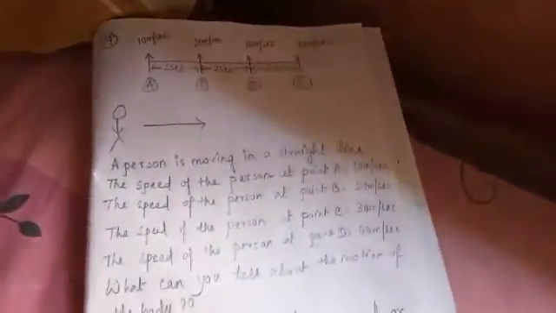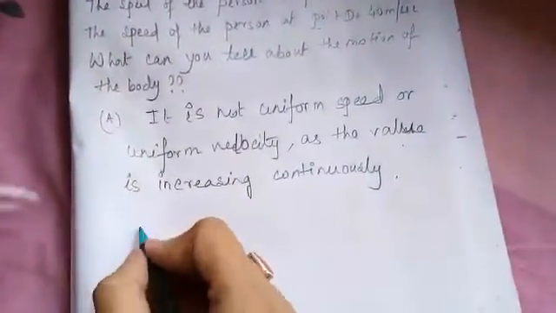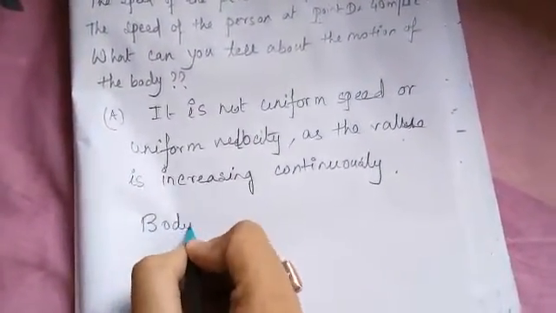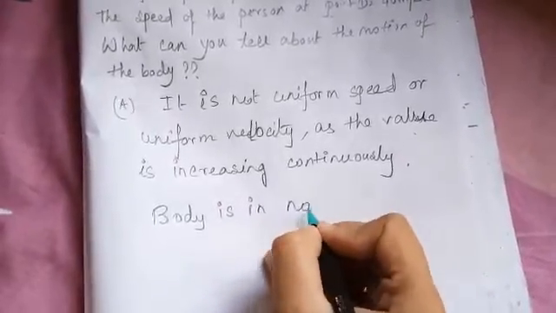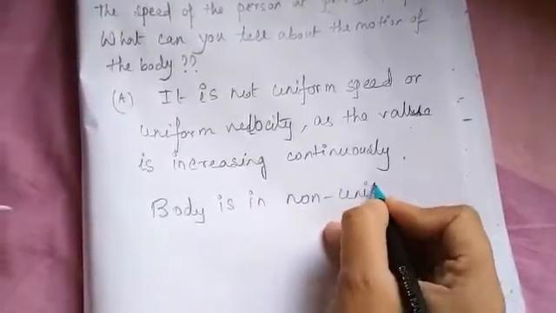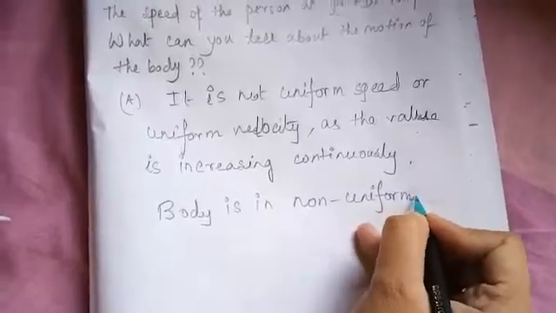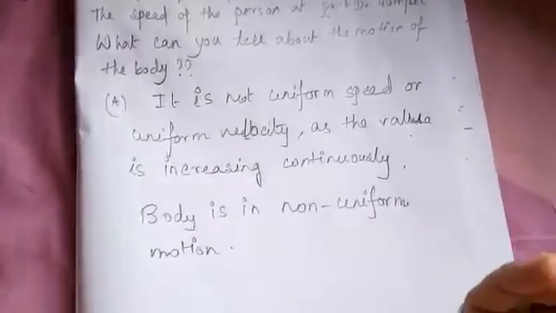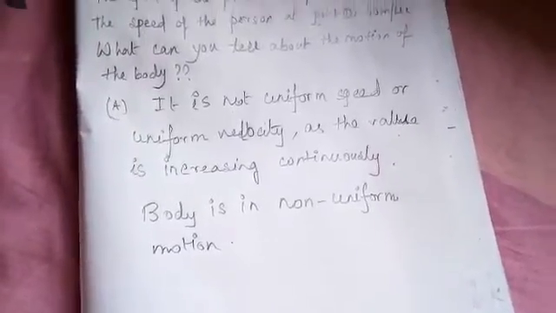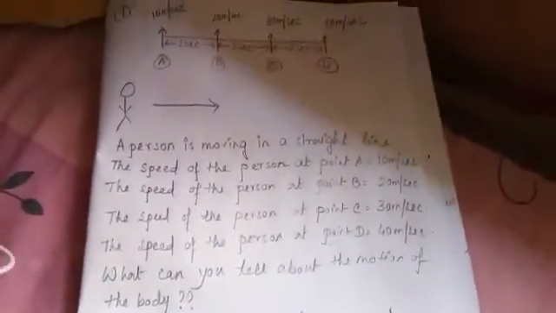Okay, we can see here. Now that means the body is in non-uniform motion, as speed is not uniform and velocity also not uniform, so it is a non-uniform motion.